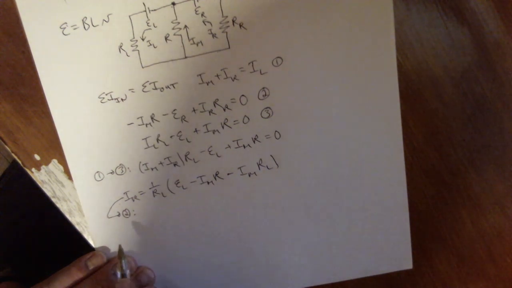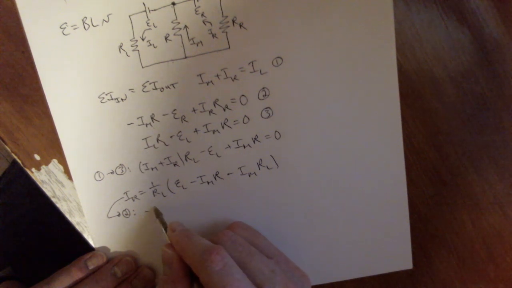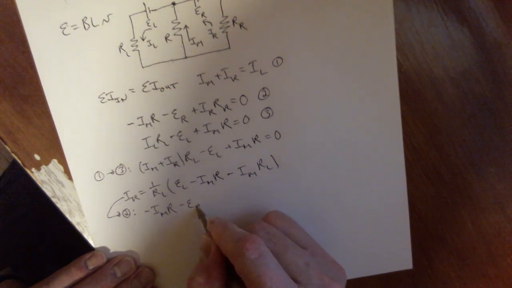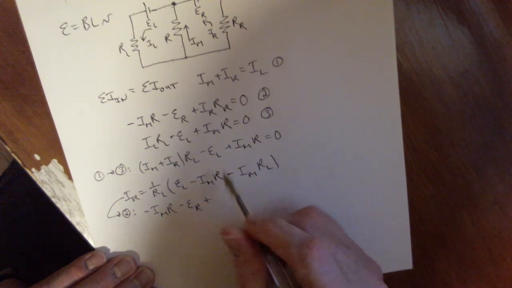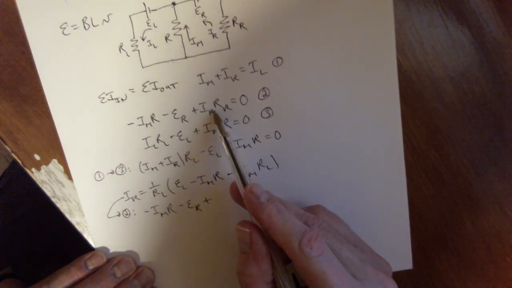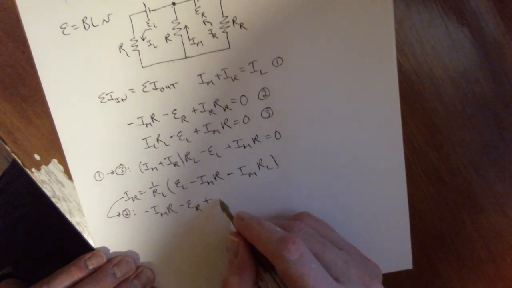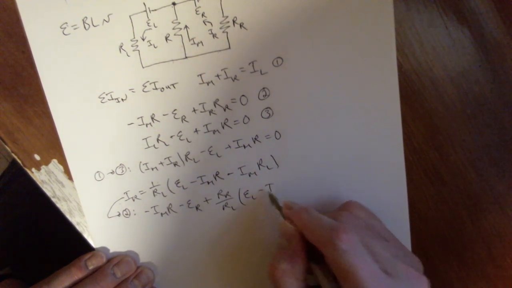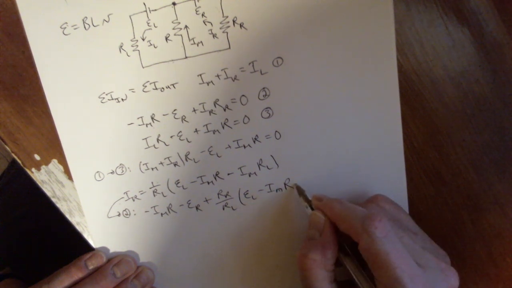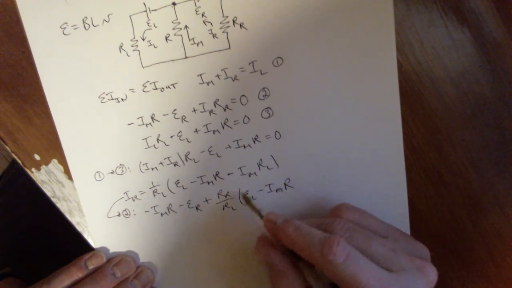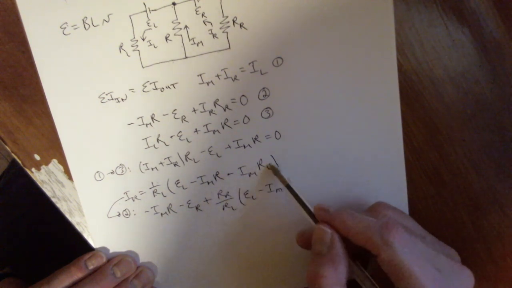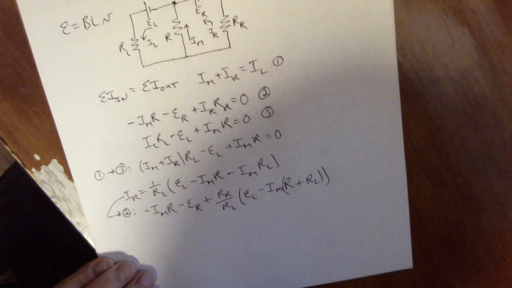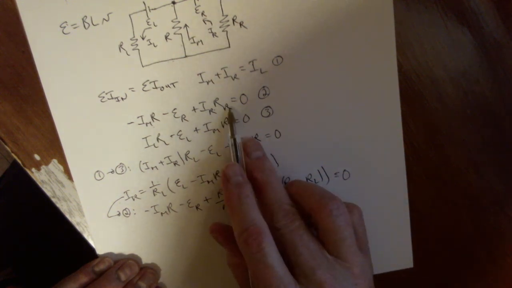So I wind up with minus I middle right, I'm just rewriting equation 2, minus EMF right plus, and I plug I right in there, so it's R right over R left times all of this EMF left minus I middle right minus, in fact, this is minus I middle times R plus RL, so I'll do that, R plus RL, good, and all of that equals 0 because that's equation 2.